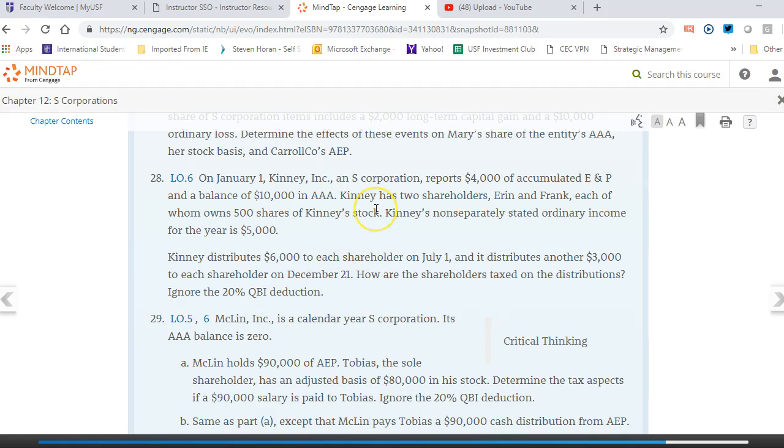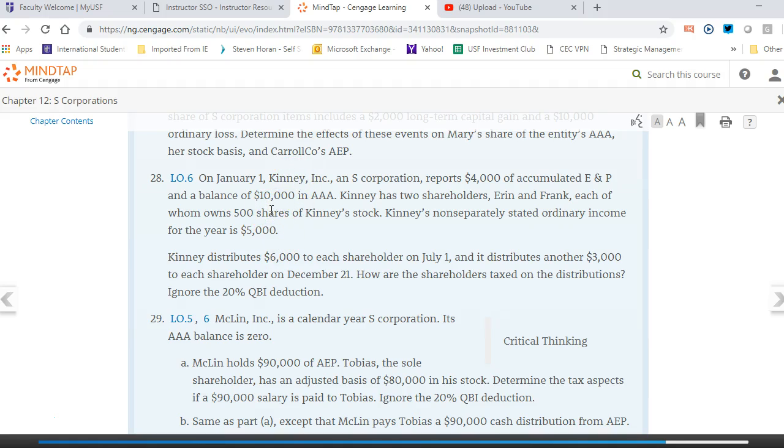So what you have to do is think through the numbers that are given to us for 28. So I'm coming back to question 28. So the AAA is the 10,000. So AAA is 15,000. It's 10,000 in AAA plus the 5,000. So AAA is these two numbers together, 15,000.